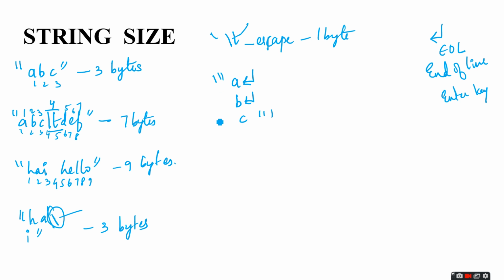Okay, now we have to find the size. So normally we will think 3 characters, 3 bytes, but it is not like that. We have to count the end of line character also. So 1, 2, 3, 4, 5. So the answer is 5 bytes. We should not count the backslash, but we have to count the end of line character. So this is all about the string literal.